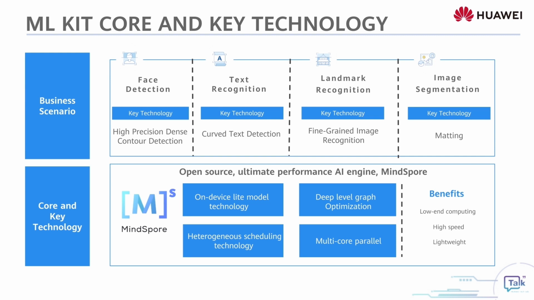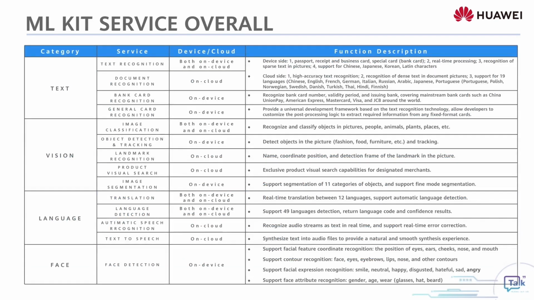MindSpore is the AI computing framework developed by Huawei. It provides unified APIs and end-to-end AI capabilities for model development, execution, and deployment in all scenarios. This is a list of all current services of ML Kit.